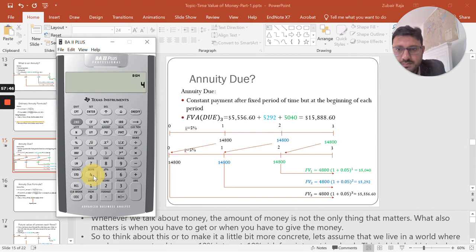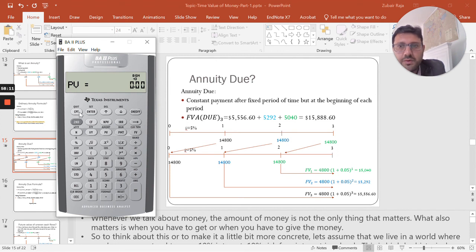So 4,800, right? And you are foregoing it, you are paying it. So minus, it will come as a payment. And I need to check present value. It was 0. If you have already included it, then keep it like this. But I forgot whether I already pressed 0 for the present value or not.